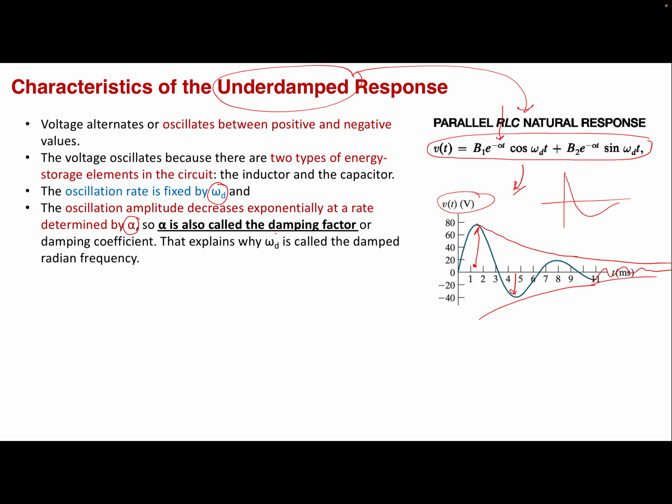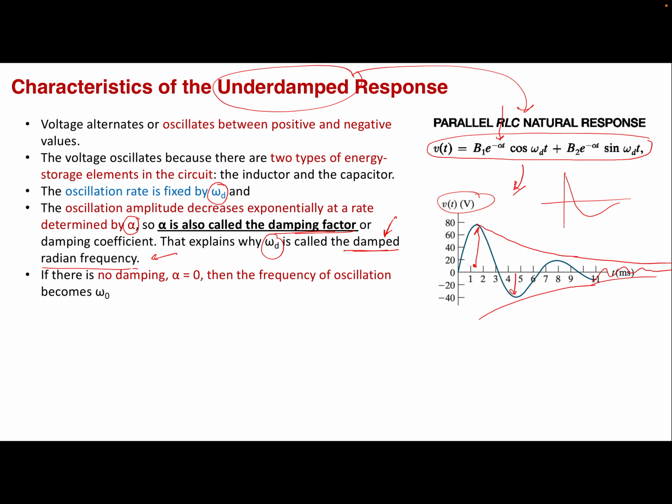So alpha is also known as the damping factor, and omega d is called the damped radian frequency. The word damped comes from the fact that in the underdamped response, this damping on the oscillation comes from the alpha value. In case alpha is 0, your oscillation is never going to stop, it's going to continue on.